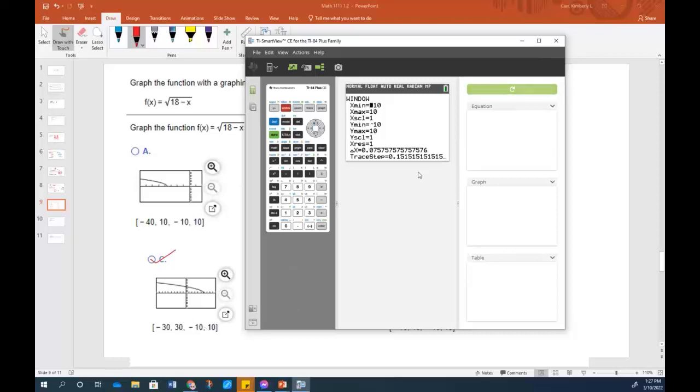So I would need to change my minimum to -30 and change my maximum to 30. That's what these numbers are, the x minimum and maximum, and then the y minimum and maximum. So I already had that. So now I'm going to hit graph again, and look, it looks so much like theirs. Isn't that nice? So I know I've got the right one. So that's a window adjustment.